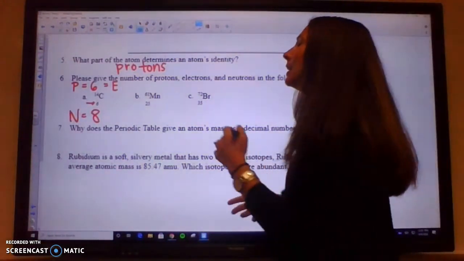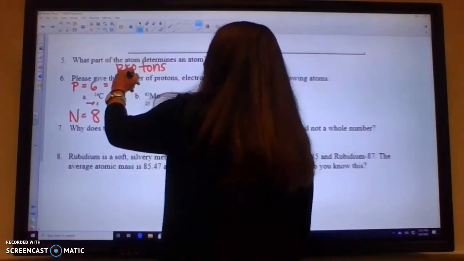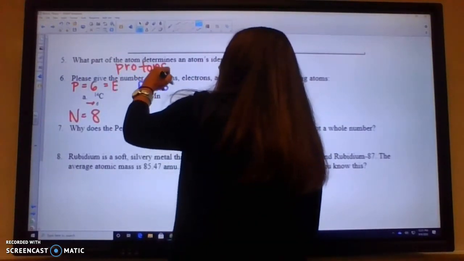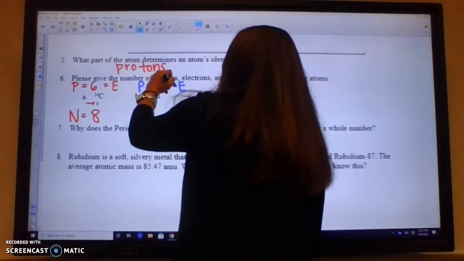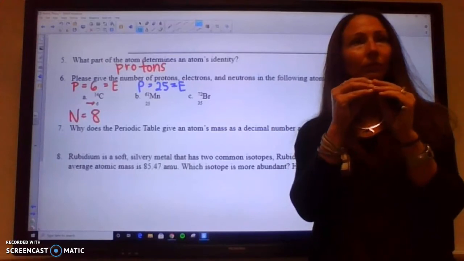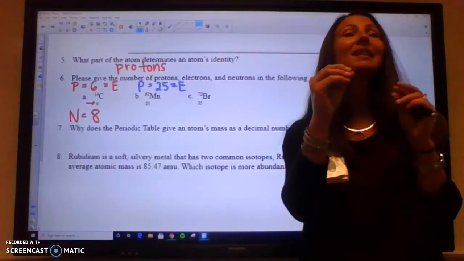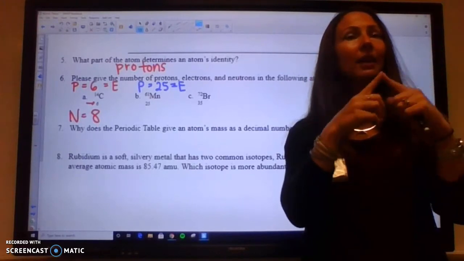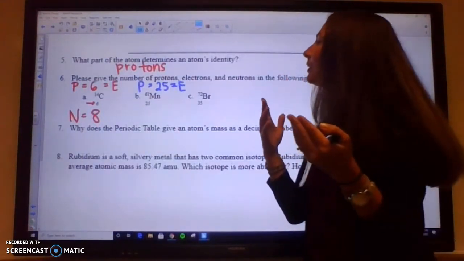It's kind of doable. So letter B, we have manganese, and the protons are going to be 25. That's also equal to the same number of electrons, because the atomic number equaling the protons, if this is a neutral atom, the charges equal out and cancel, so it's going to be 25 electrons.